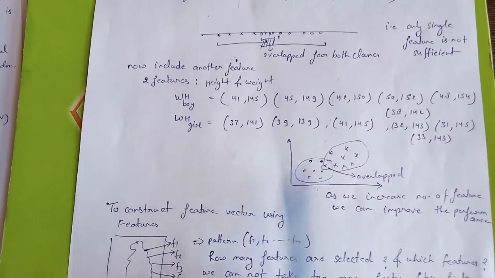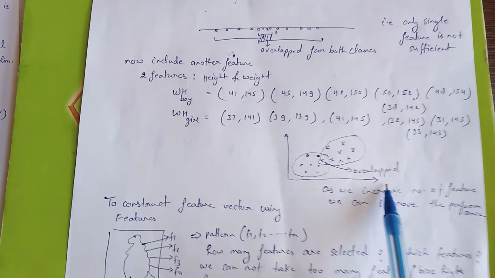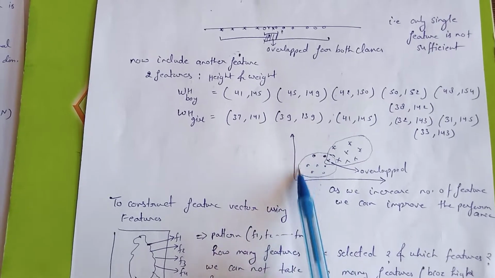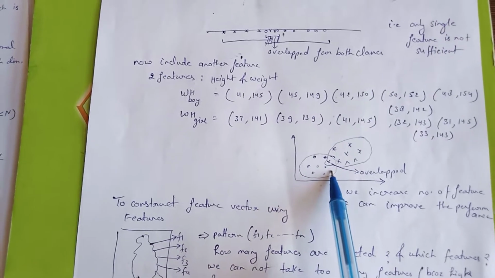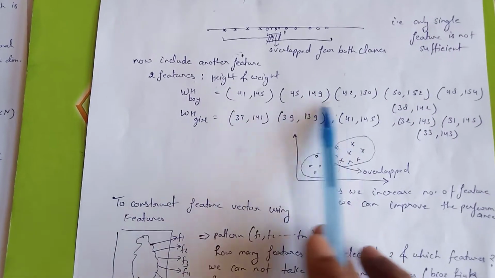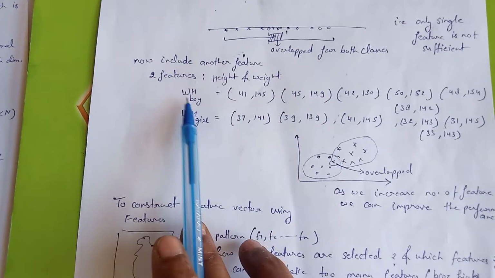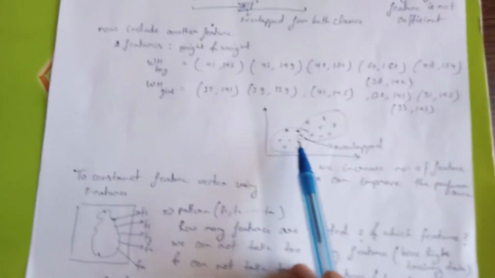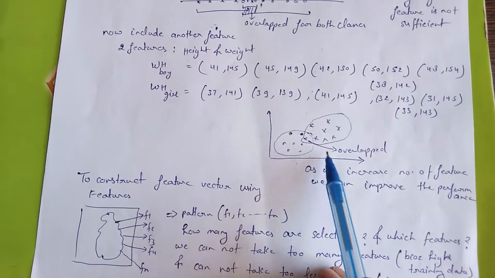If we plot these points, obviously it is a two-dimensional data set. We can plot it: this is a cluster or a group of girls, and these values are the collection of weight and height for the boys. Here you also observe that there is an overlapped region.